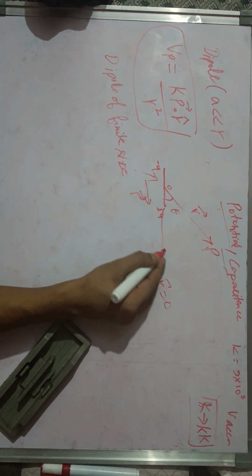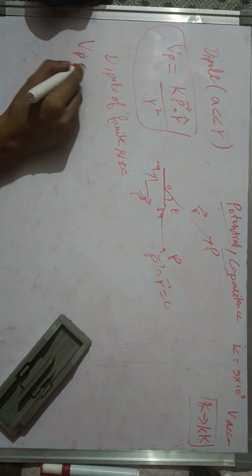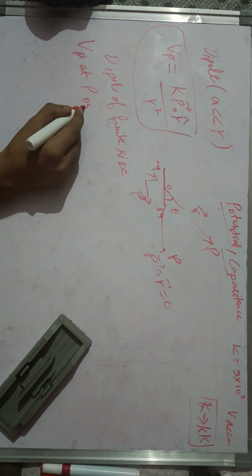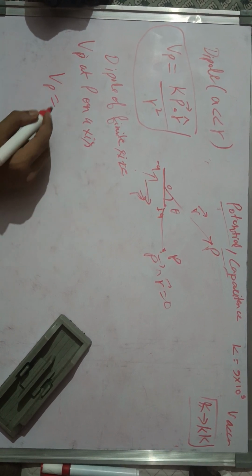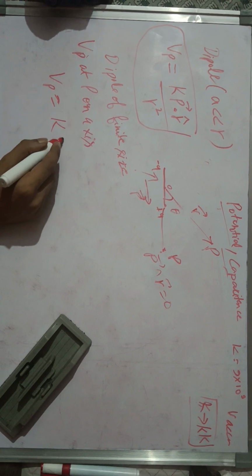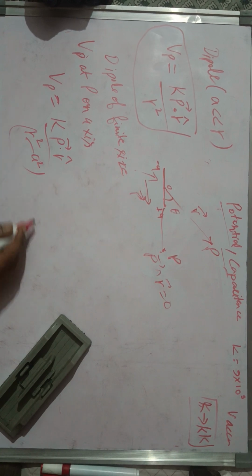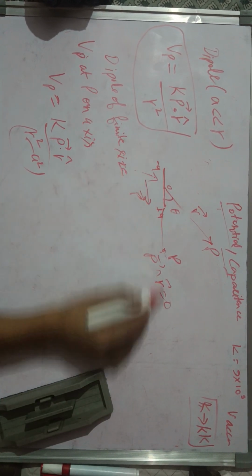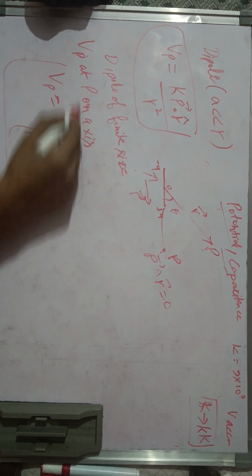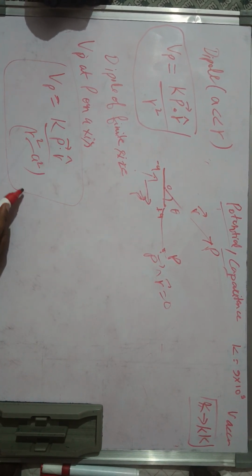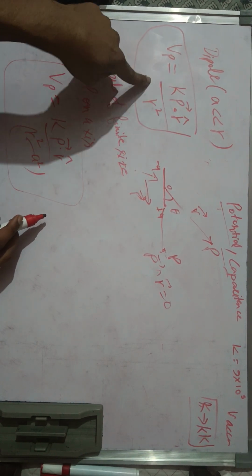But the potential Vp at a point P on the axis can be accurately given by Vp is equal to k p·r divided by (r square minus a square). So if there is any point along the axis of this dipole, then we can accurately give Vp by this equation. When the a value is very small, a square becomes 0 and this formula becomes the previous one.